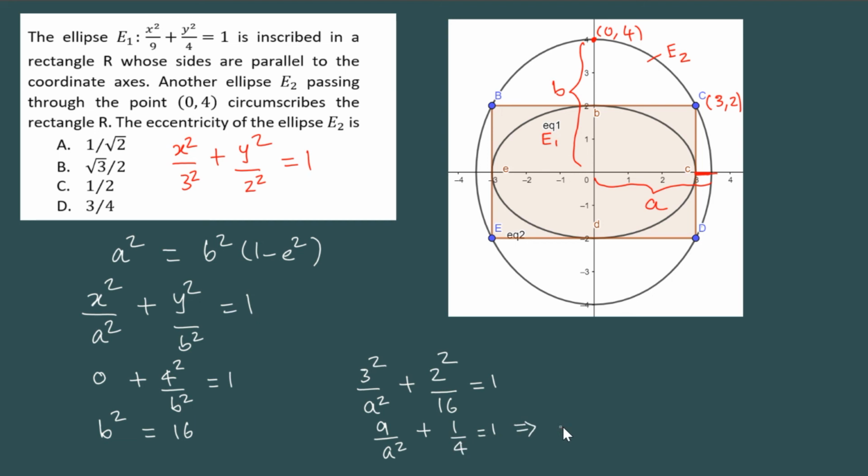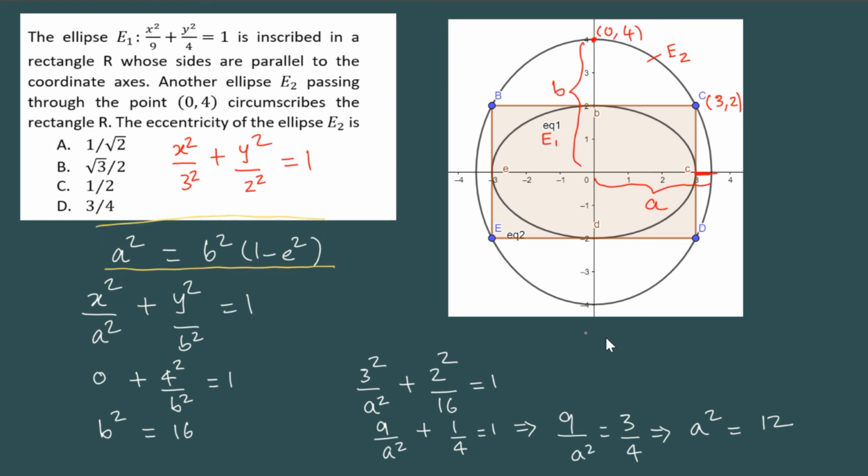So 9 by A square is 1 minus 1 over 4, that is 3 by 4. From here you can easily notice that A square is 12. Once you have the values of A square and B square, we can substitute here.